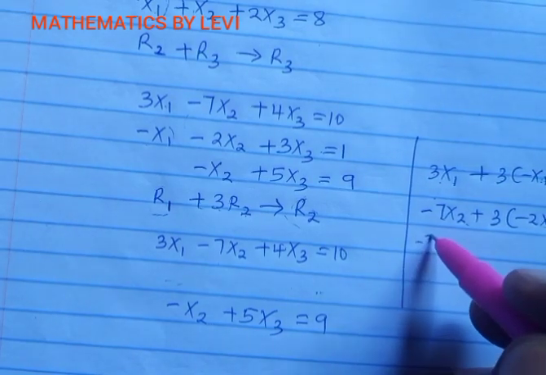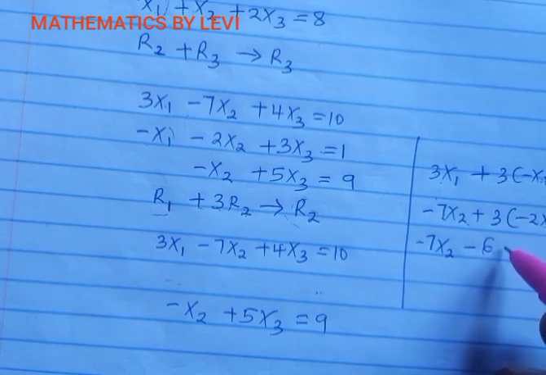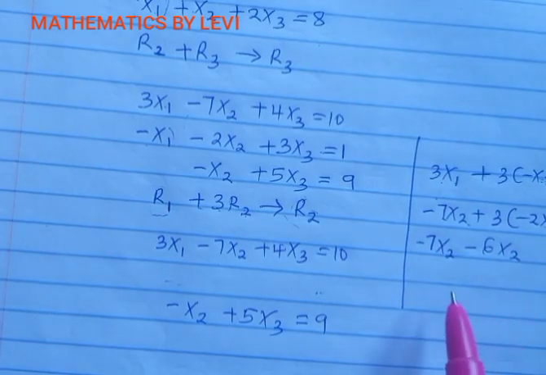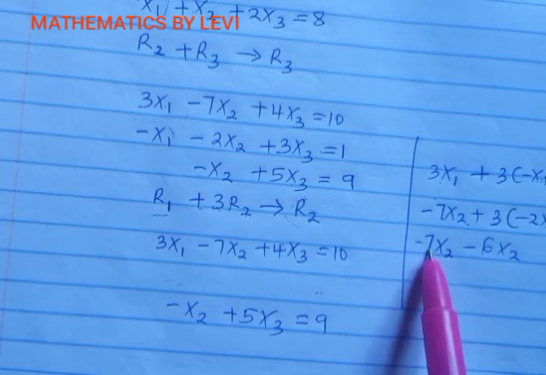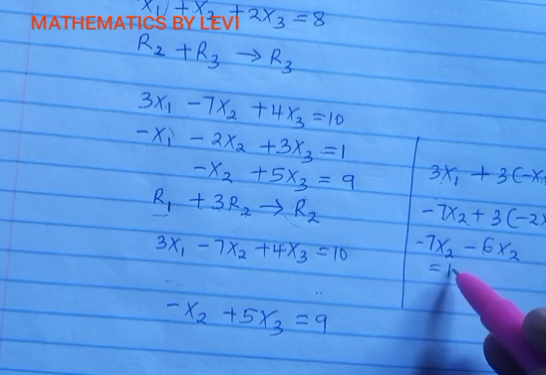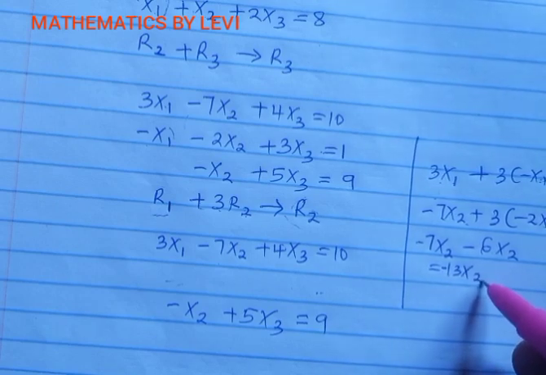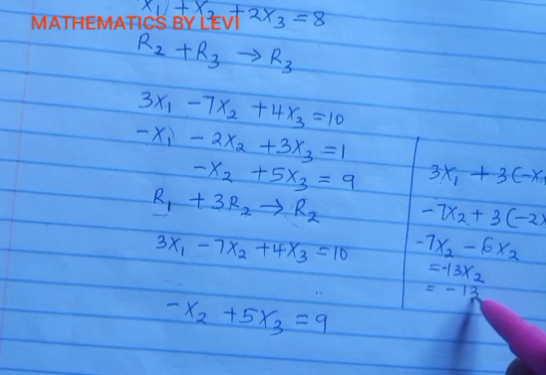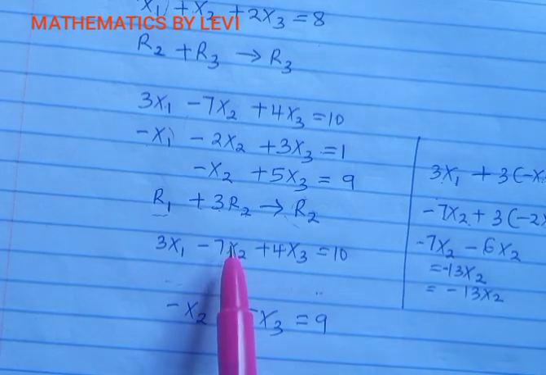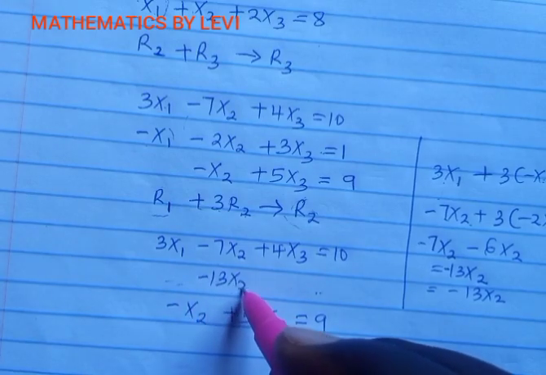Therefore, we shall have negative 7x2 minus 6x2, which is negative 13x2. So that means we shall have negative 13x2.